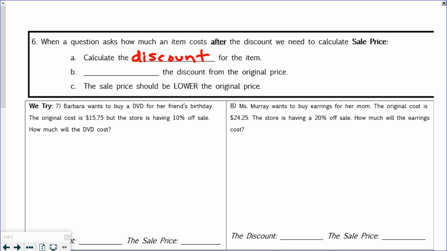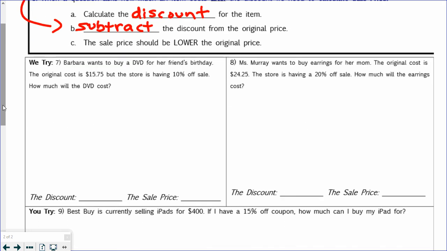Just like we did on the first page, you're still calculating the discount. But if it asks for how much money you'll actually spend after the discount, or what is the sale price, you have to subtract. I think sale price starts with an S, subtract starts with an S. The sale price should be lower than the original price because you are saving money. You want to think logically about this.